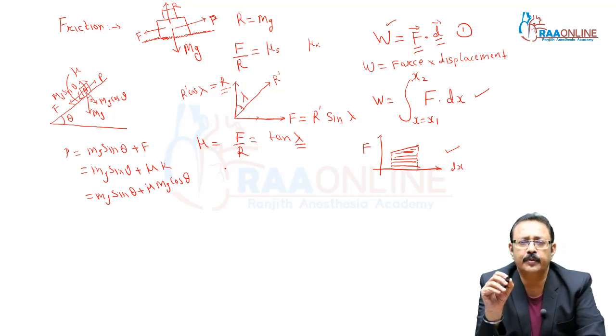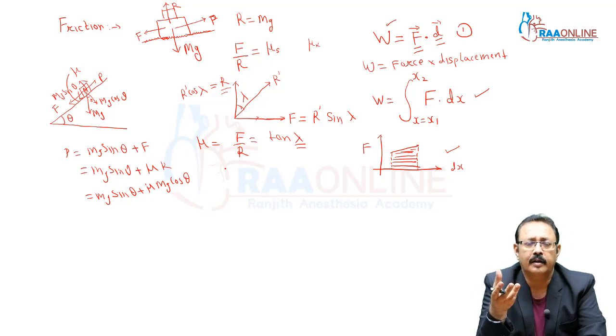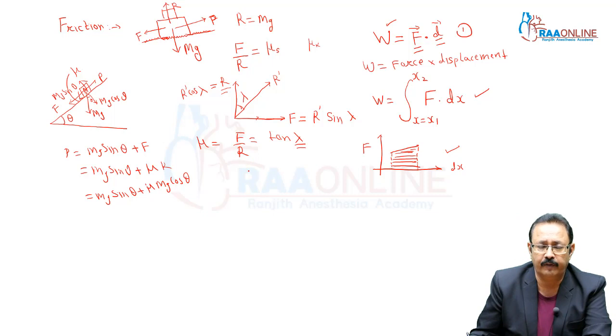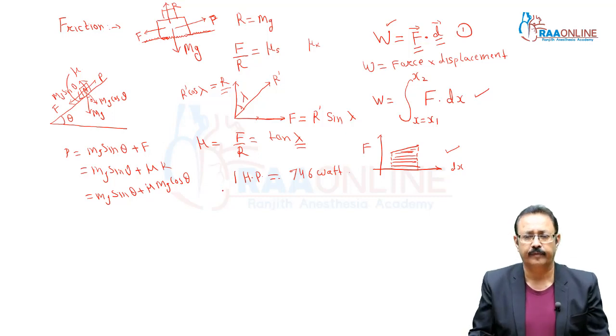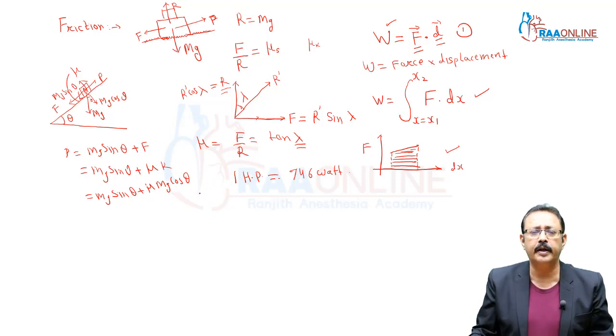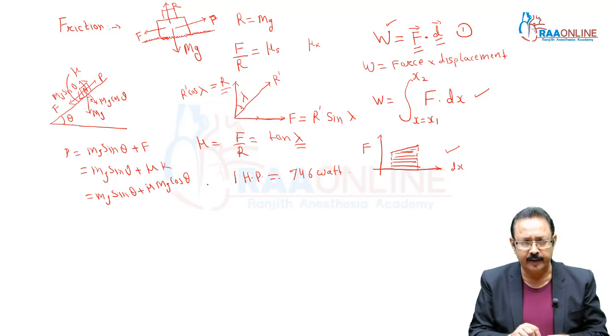So many practical units are there. Or you are using horsepower, very commonly used in engineering. 1 horsepower is nearly 746 watt. So many practical units are there for energy.